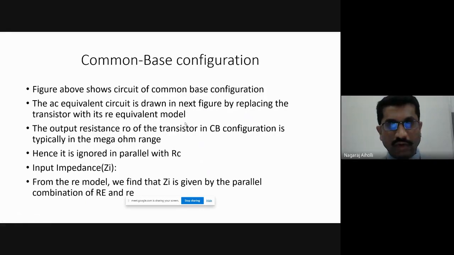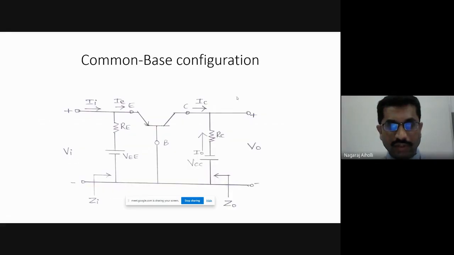The output resistance ro of this common base circuit is high, in terms of mega ohms. When this ro comes in parallel with the collector resistance RC, it is a very high resistance in parallel with a low resistance RC.